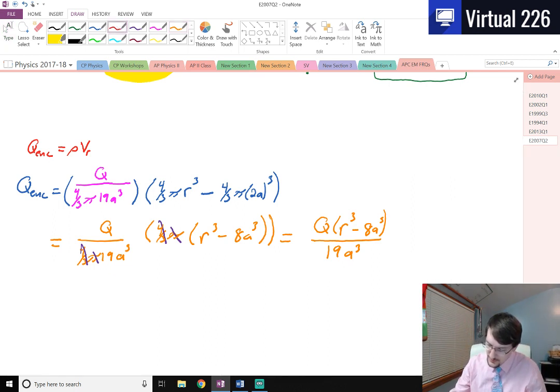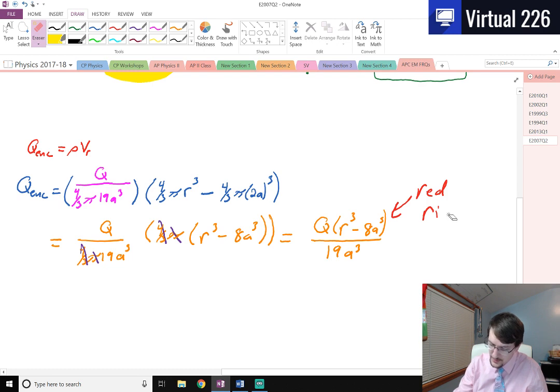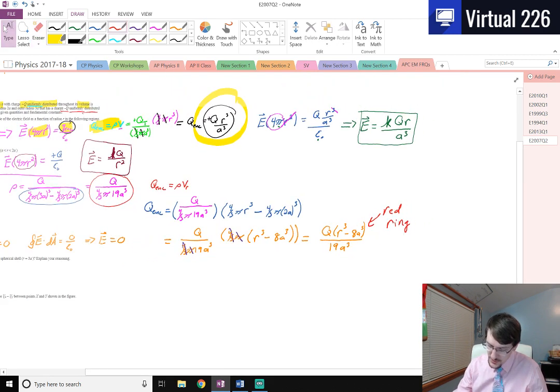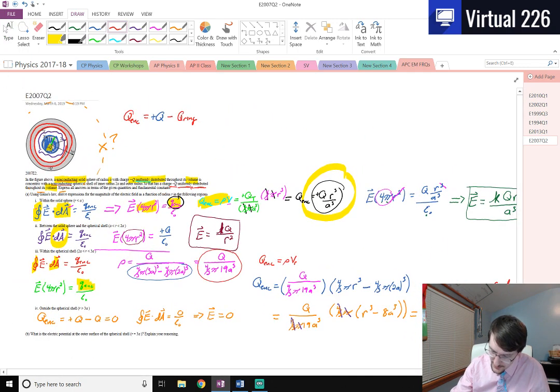Okay, so that's the red ring. That's the red ring charge. So what we needed to do, though, because that was just the red ring, is we need to subtract that from the actual charge from the inside as well.